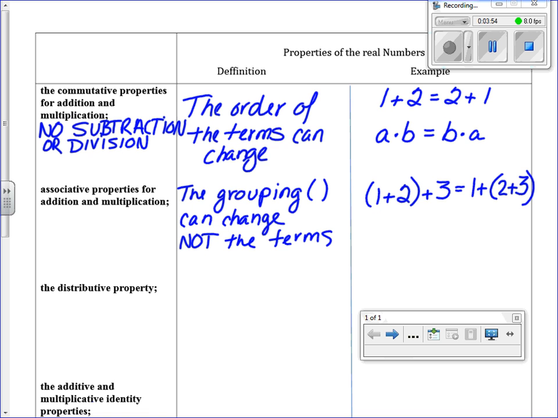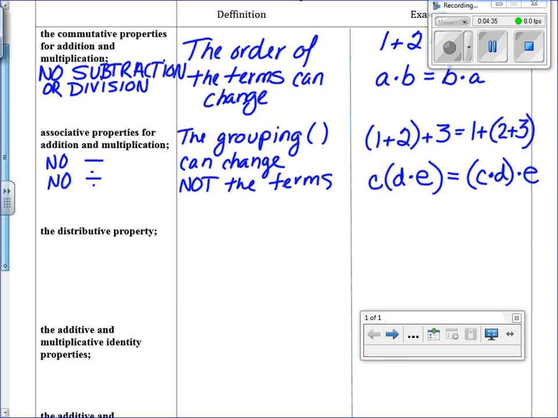So if we're doing multiplication, I can say C times D times E equals C times D times E. The only thing that moved around were the parentheses. Now, real quickly, going back to associative property, again, that's not for subtraction, not for division, okay? You can't use it for that.